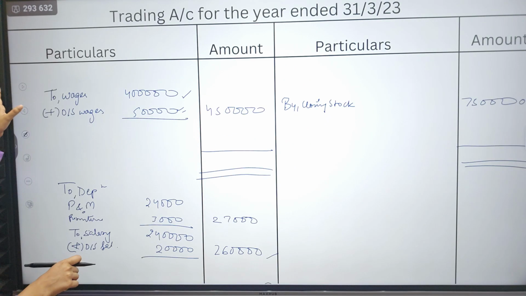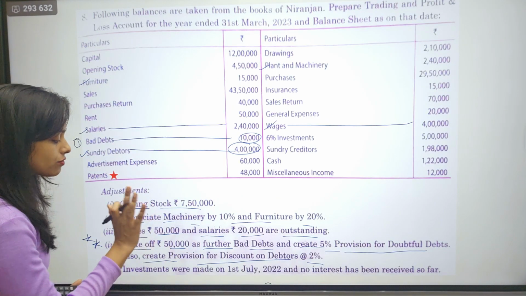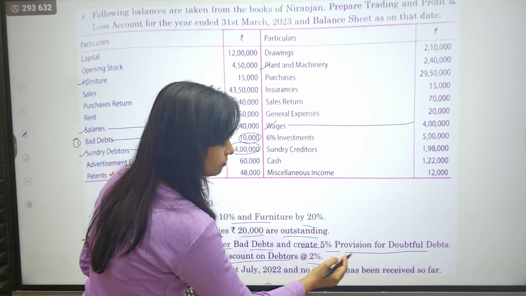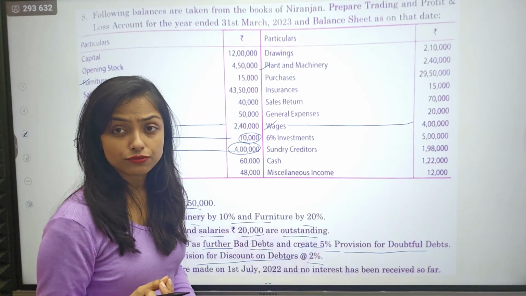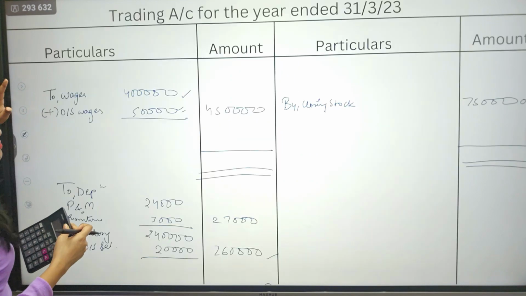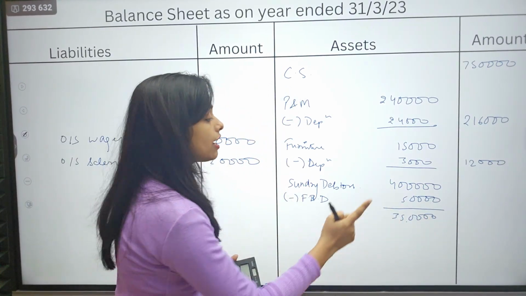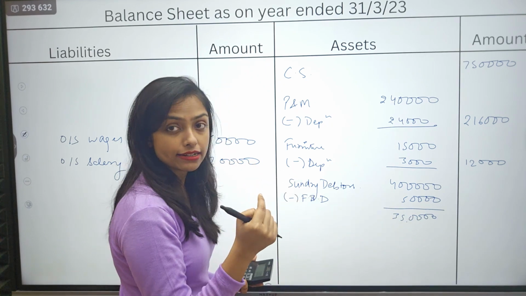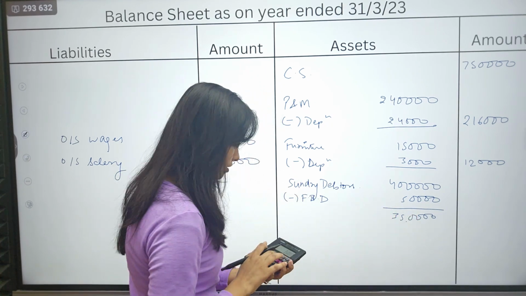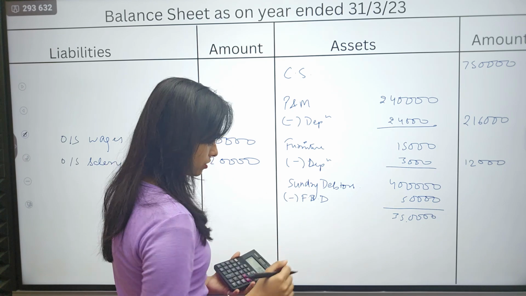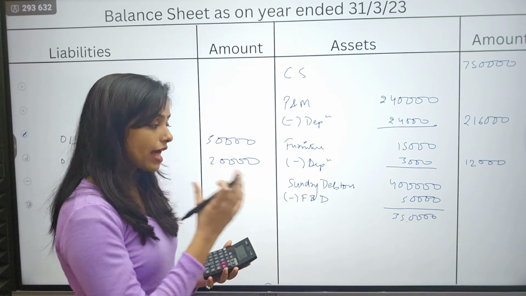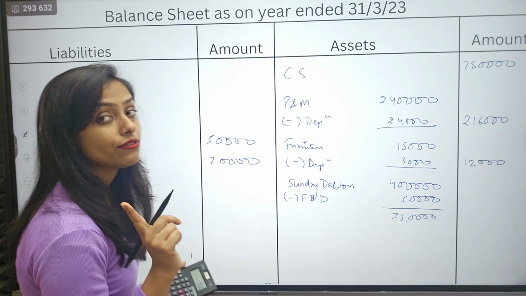Okay. Now let's read further. 50,000 treatment though we have done. I also have to create a provision for doubtful debts at 5%. And in my previous videos, I have already told that this 5% will be created after reducing the further bad debts amount. So means 5% will be created on 3,50,000. If you calculate 5%, it will be 17,500.